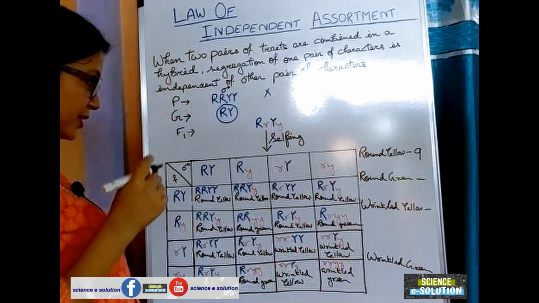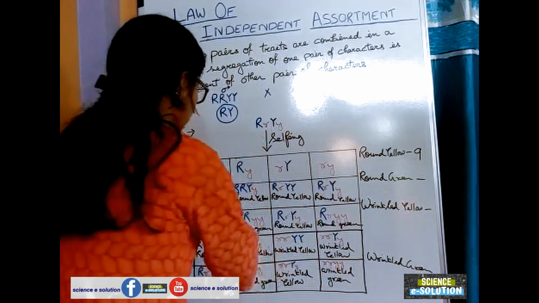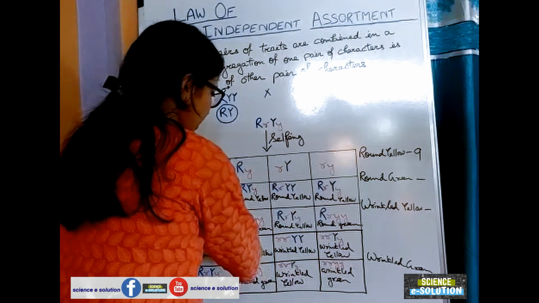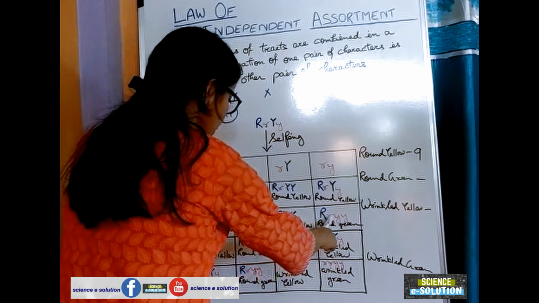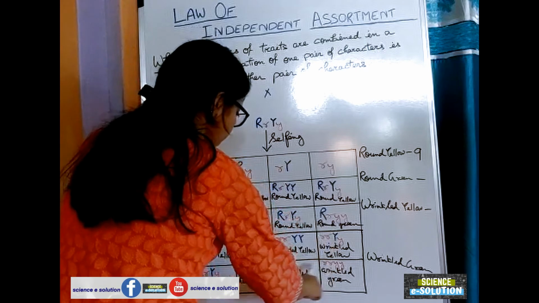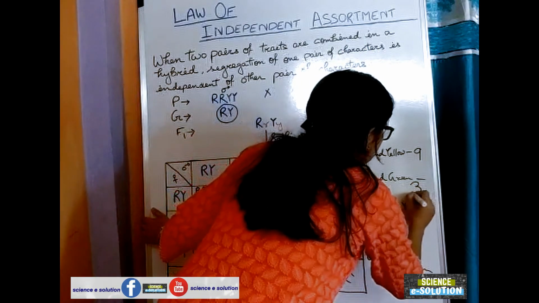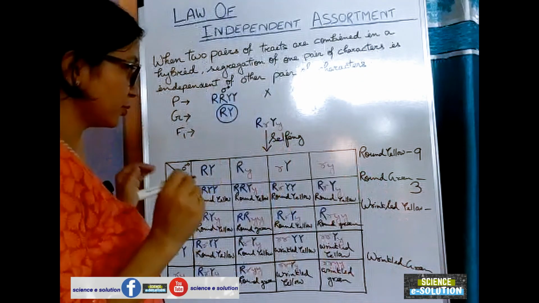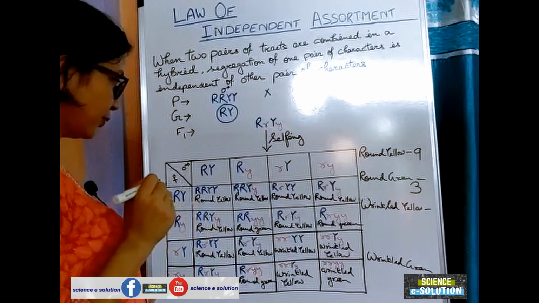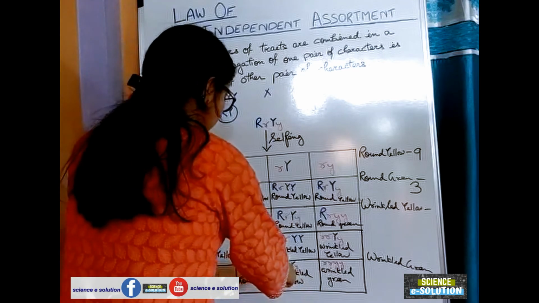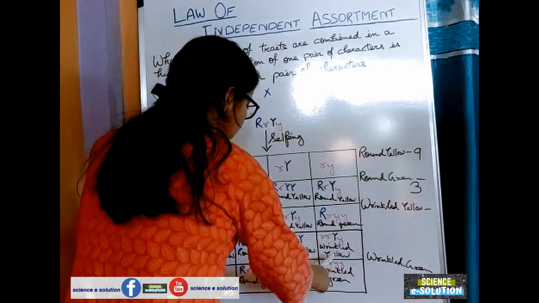The second type is round green. So where do we get round green? 1, 2 and 3. So 3 F2 progenies are round green. Next is wrinkled yellow. How many wrinkled yellow do we have here? 1, 2 and 3.